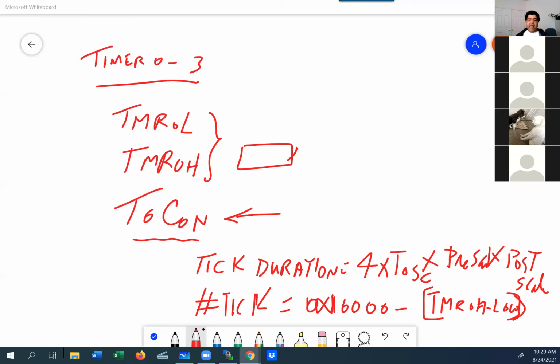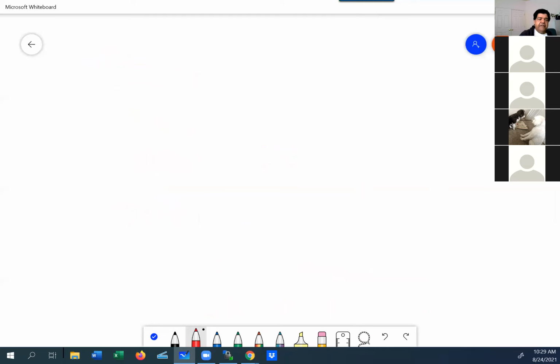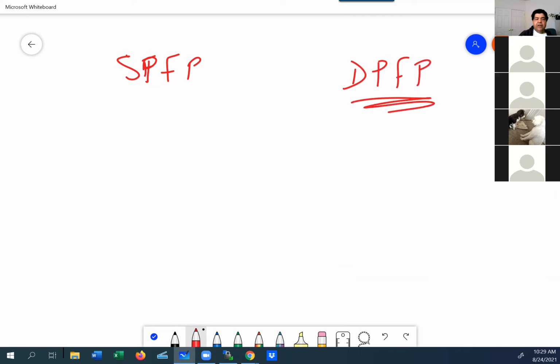Okay, so the next one is the stuff around single precision floating point and double precision floating point.